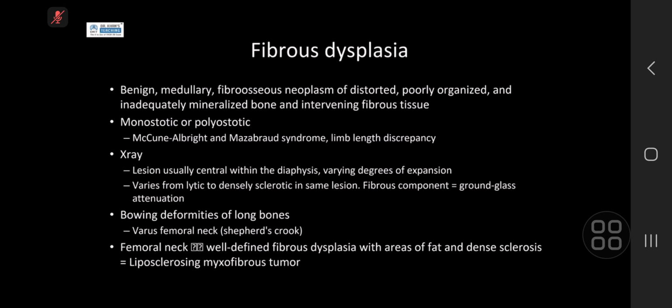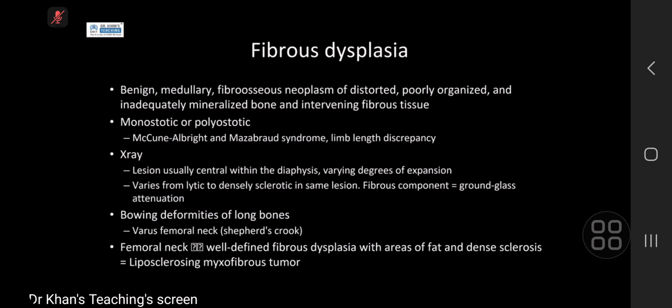It can occur as a monostotic or polyostotic pathology, and there are multiple syndromes associated with those, which I'm sure you've all heard about, McCune-Albright, Mazabraud, and you can get associated limb length discrepancies. Really nice example on the plain film, nicely described by candidate 1, and you can get the associated bone deformities, so that varus femoral neck, which is otherwise known as the shepherd's crook.